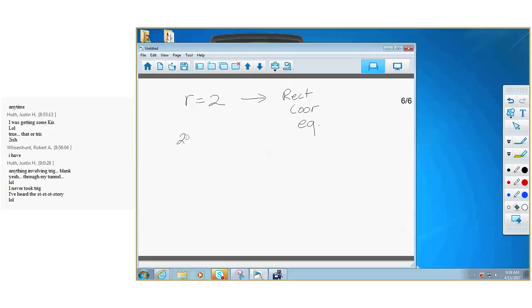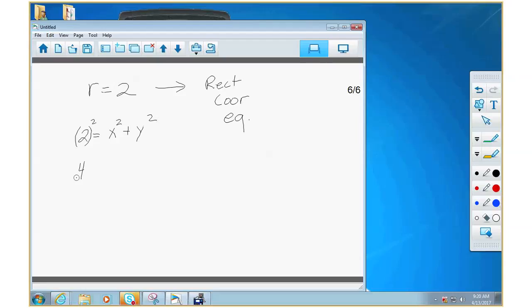2 squared is equal to x squared plus y squared, and 4 is equal to x squared plus y squared.